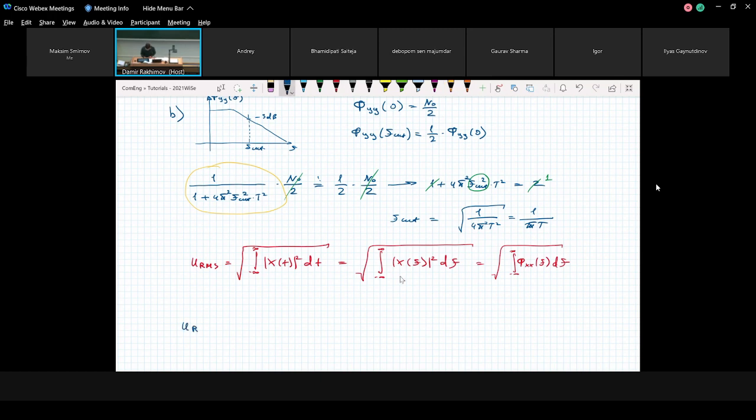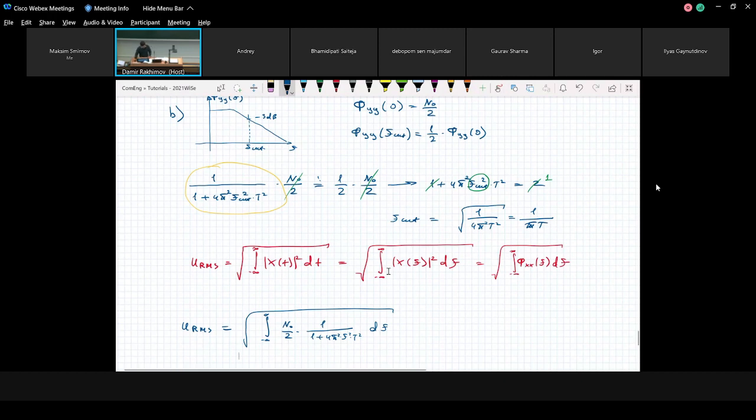Calculate the RMS value. It equals the integral from minus infinity of our transfer function, of our power spectral density, N0 by 2, times 1 over 1 plus 4 pi squared f squared T squared, df, under the square root.